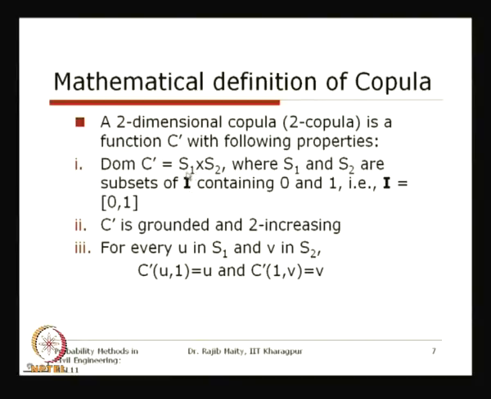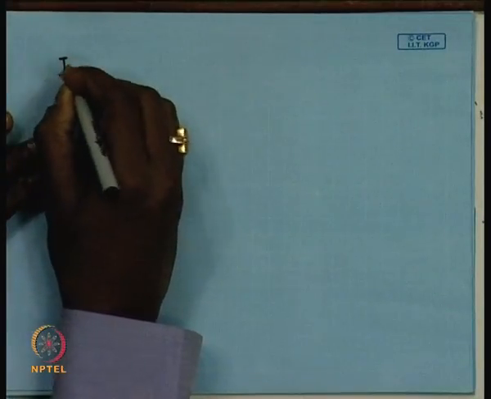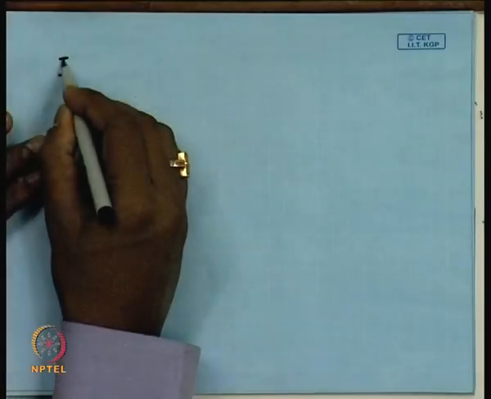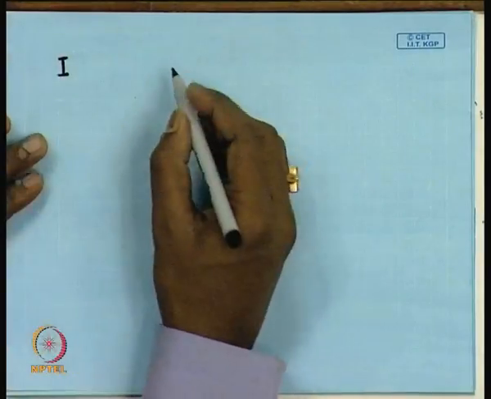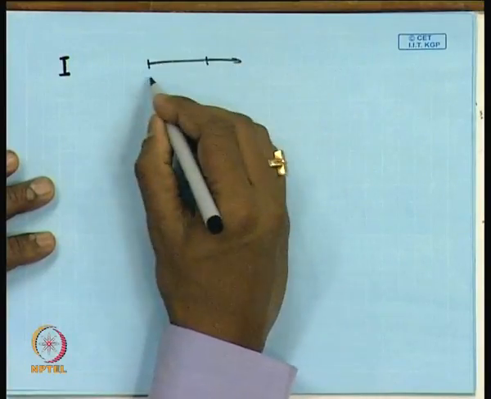This boldface I is generally written with some power, and that power indicates its dimension. If we write the boldface letter I, what is referred to is one line from 0 to 1.